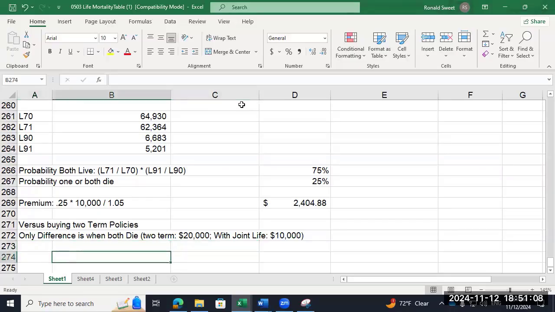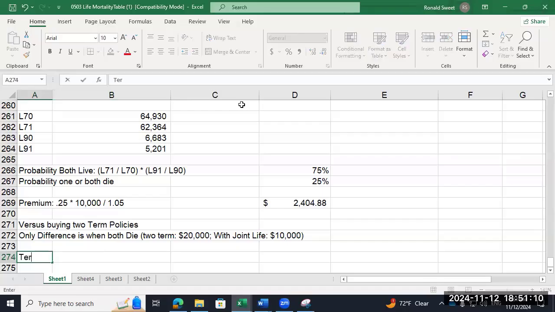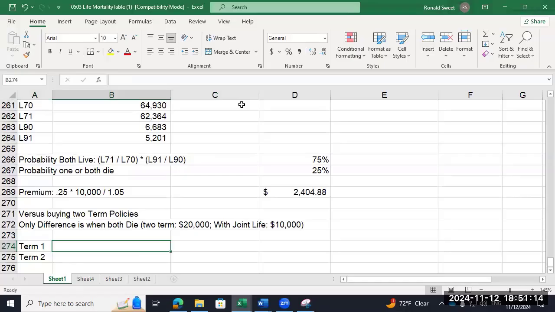So we can price these two terms. Term one is going to be D70 times $10,000 divided by 1.05 divided by L70.